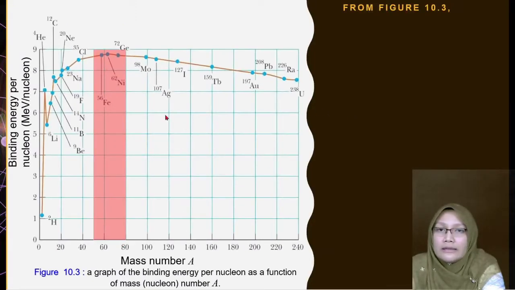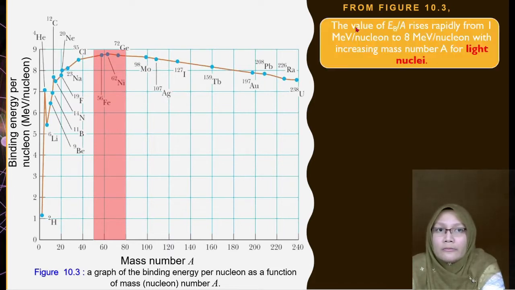Okay, from figure 10.3, this is a graph of binding energy per nucleon, and the x-axis is the mass number. From this figure, the value of EB per A rises rapidly from 1 MeV per nucleon to 8 MeV per nucleon with increasing mass number A for light nuclei.